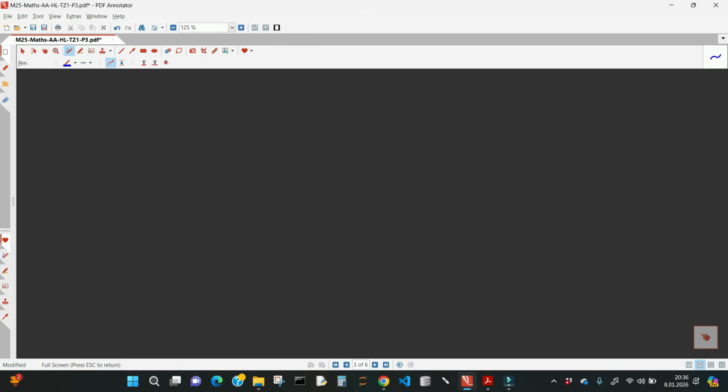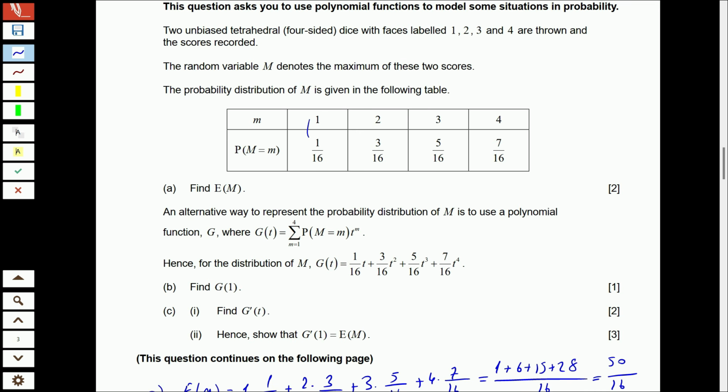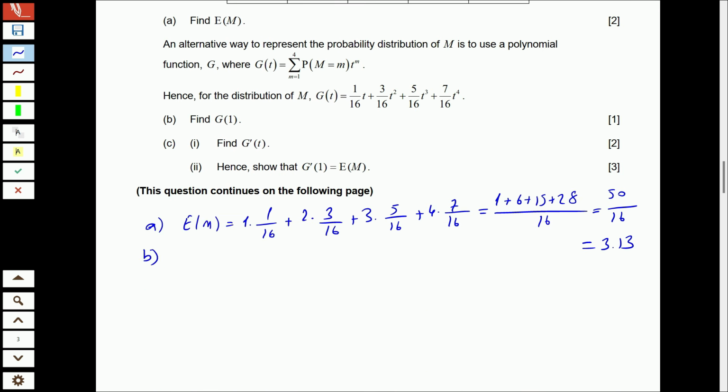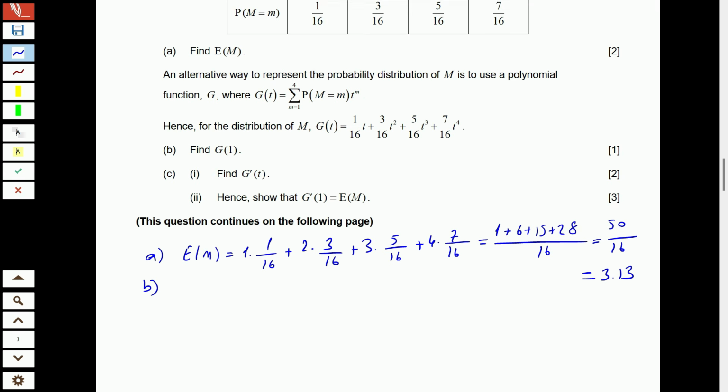And an alternative way to represent the probability distribution of m is to use a polynomial function g, where g(t) is the expression given here. Hence for the distribution of m, g(t) is the probability distribution function, and we're going to find g(1). We will just replace t with 1.